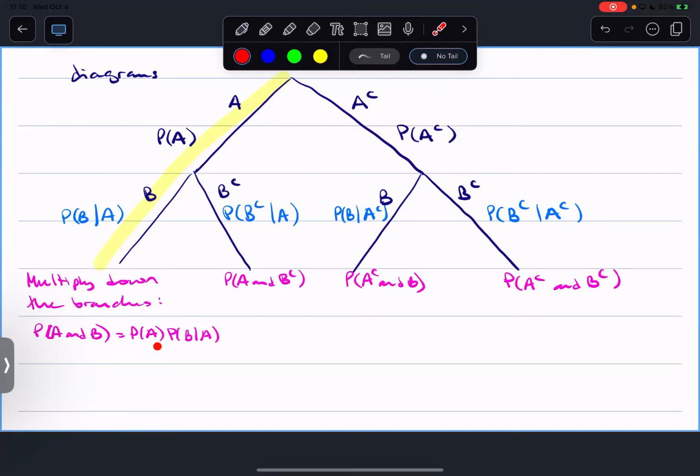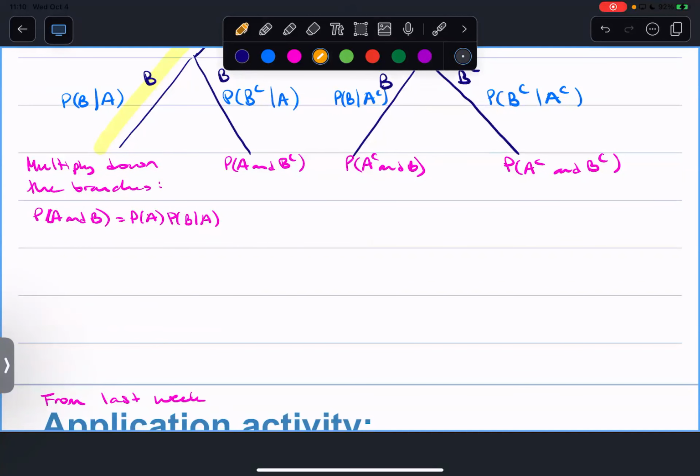So you want the probability of A and B or the probability of not A and B. And so here, to find the probability of B, which is pretty common, it's the probability of A and B or the probability of not A and B. That's why having these branches, if you can visualize all the ways that B happened, then you can just add those up.